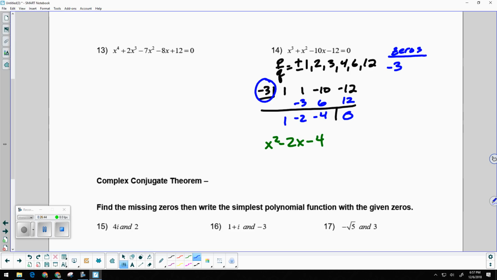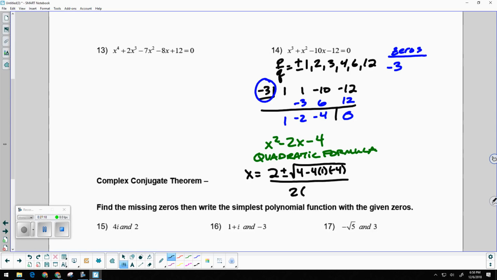Well, if you can't factor a second degree polynomial, which is what this is, we use the quadratic formula. A is 1, B is -2, C is -4. So x is equal to the opposite of b, plus or minus the square root of b squared, so 2 squared is 4, minus 4 times a times c, all over 2 times a.